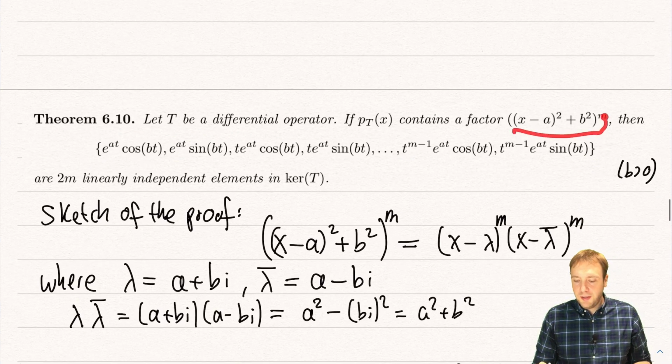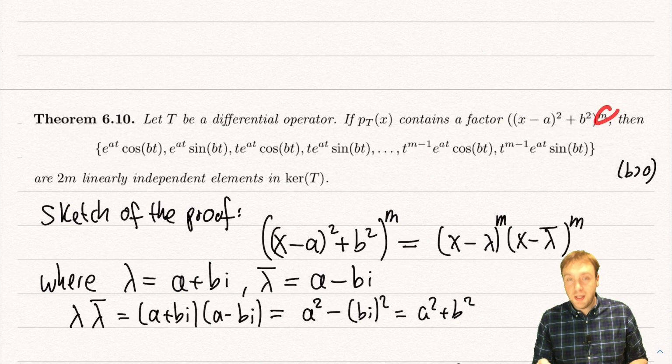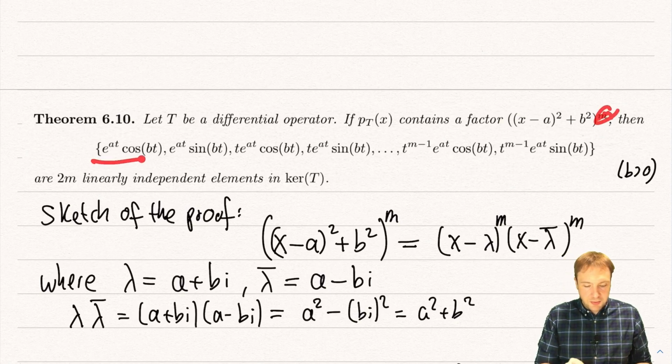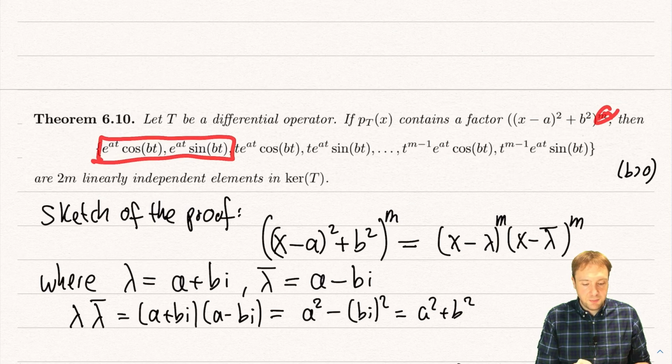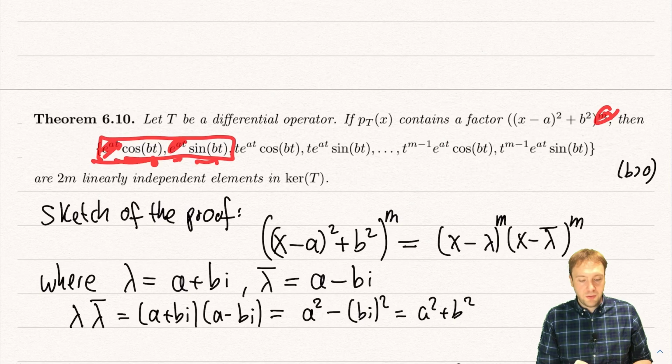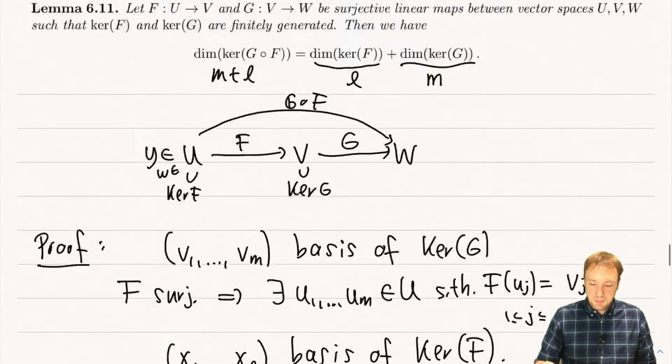If we have a factor like this, where in our case m is 1, we get these two solutions: e to the at times cosine bt, and e to the at times sine bt. And in our case a is 0, so e to the 0 is 1. So we get that the solutions are given by linear combinations of cosine bt and sine bt.